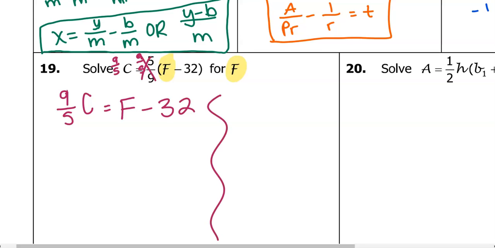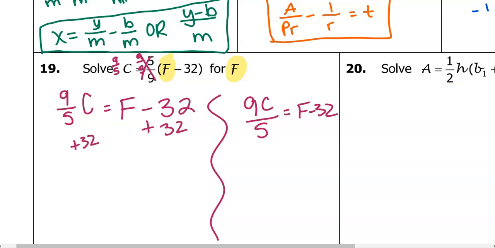You could also technically say 9C over 5, if you wanted to put C into the fraction. Technically that is the same thing. Okay, both are the same thing. I like keeping things simple. No matter how you write it, what's our last step? Add 32.